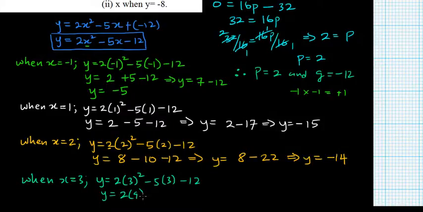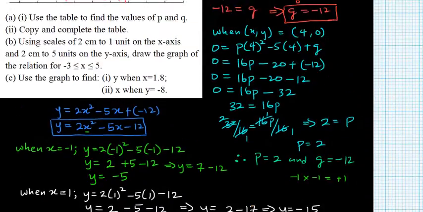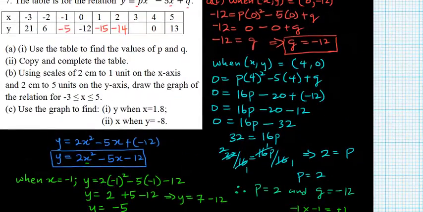So 9 times 2 is 18, minus 5 times 3 is 15, minus 12. This implies that y is equal to 18 minus 15 minus 12, which gives us -27 for the last two, so 18 minus 27 is -9. It means when x is equal to 3, y is equal to -9.